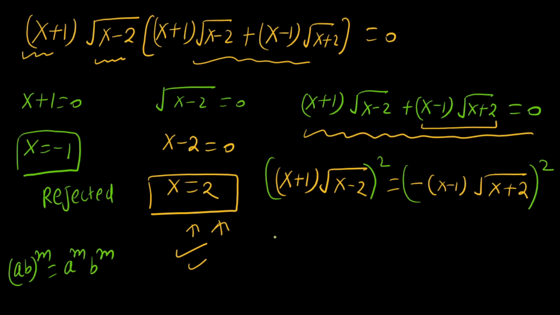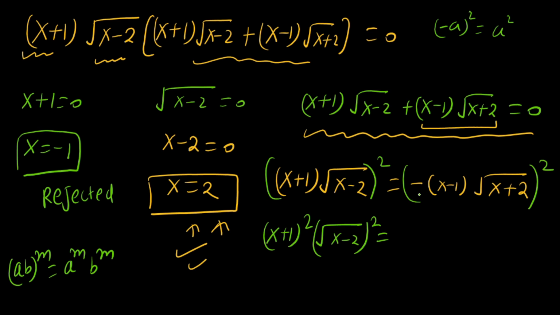Then we get (x plus 1) whole squared times (square root of x minus 2) whole squared, and this equals (x minus 1) whole squared times (square root of x plus 2) whole squared, because minus a squared is the same as a squared, so the minus becomes positive.